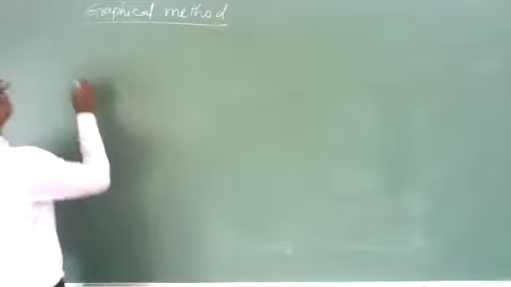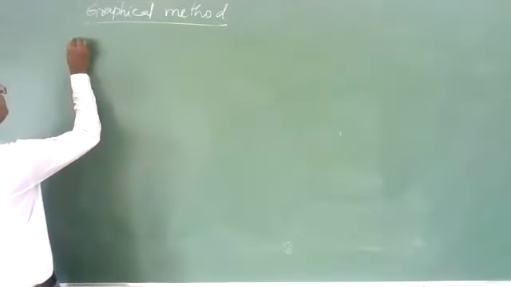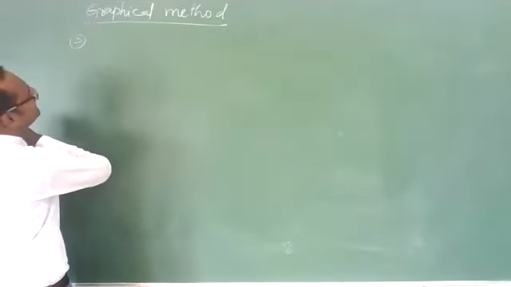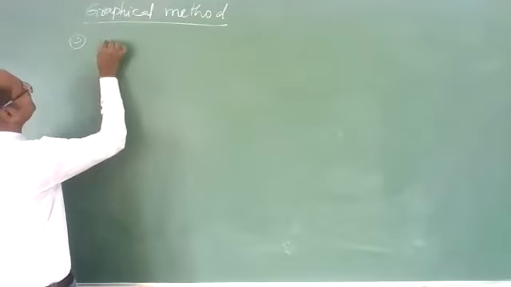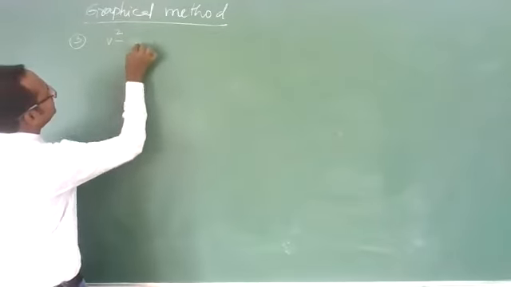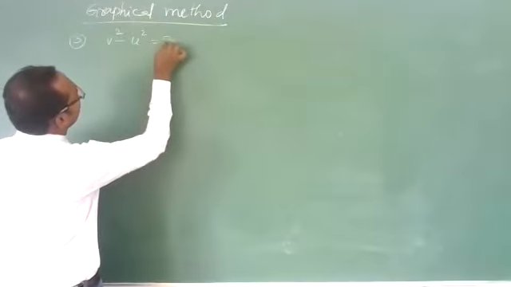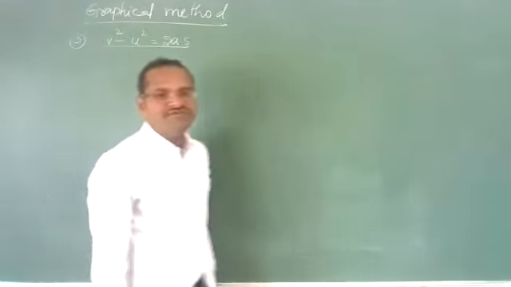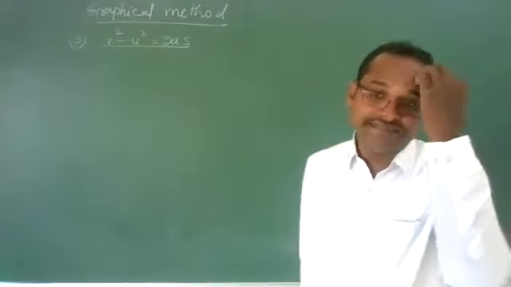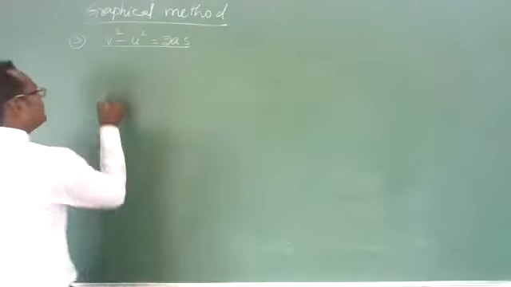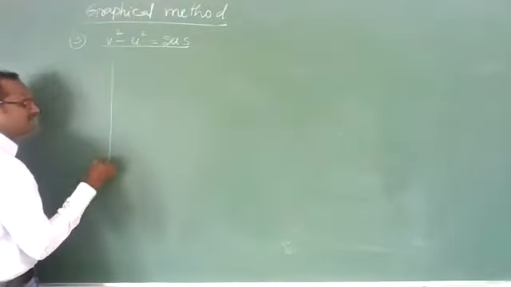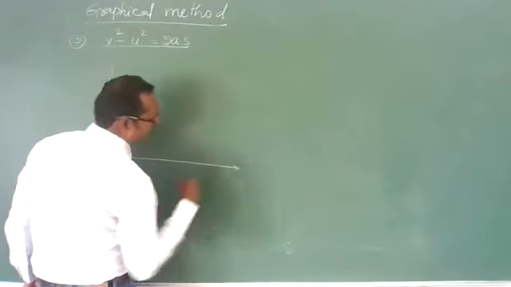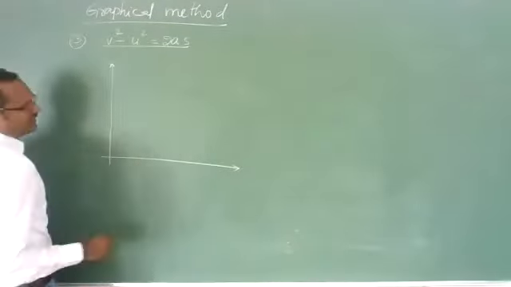Now I am going to derive the third equation of motion, that is V square minus U square is equal to 2AS. This is the third equation we have to derive graphically. Again, I am taking a particle in uniform motion with a constant velocity.